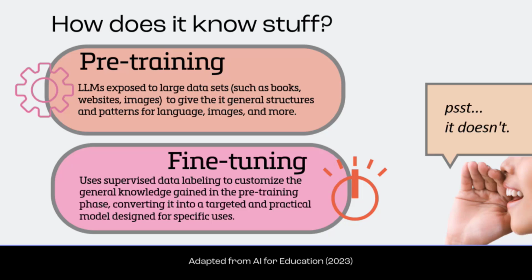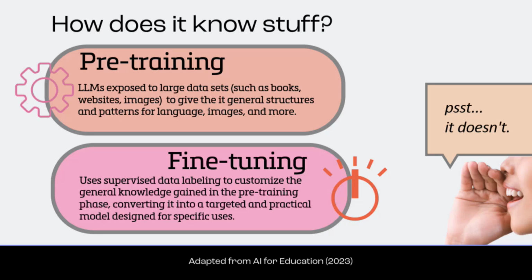So this could be websites. In the case of ChatGPT and OpenAI, just crawling the open internet to train on the way that language is used. It could be specific data sets such as books or images. It gives it a general structure and pattern for language, and also images or video, that teaches it how words might show up.